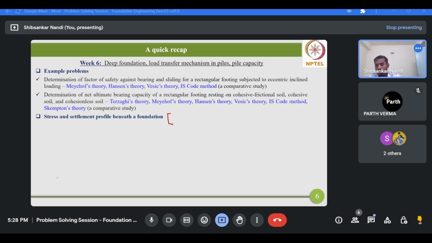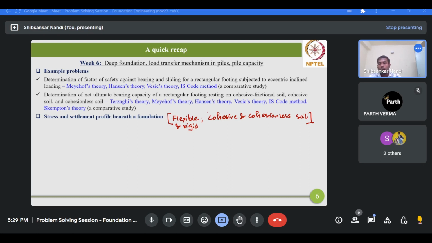As a whole, we have seen four profiles: flexible footing on cohesive and cohesionless soil, and rigid footing on cohesive and cohesionless soil. This is also a very important aspect. This type of question you may expect in competitive exams like GATE, ESE, and so on.